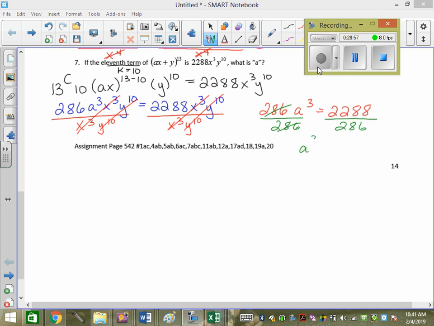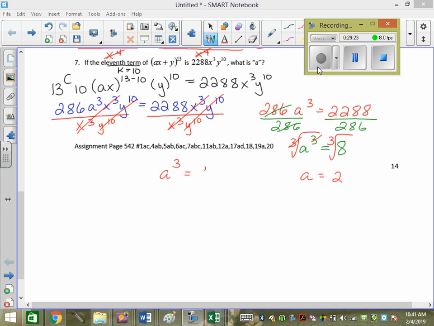A cubed equals what? 8. So if you forgot to cube the A, your answer is going to be 8, and it will be there, right? Common error. If not, you can cube root the 8 like this at this point and say A equals 2. Or I could have done the other way.